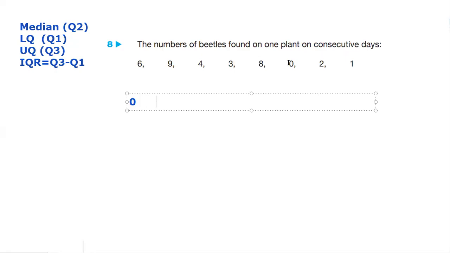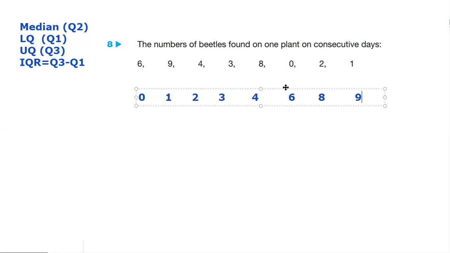So we have 0, and then we have 1, and then we have 2, we have 3, we have 4, we have 6. After 6, we have 8, and we have 9. So let's count them. 1, 2, 3, 4, 5, 6, 7, 8.